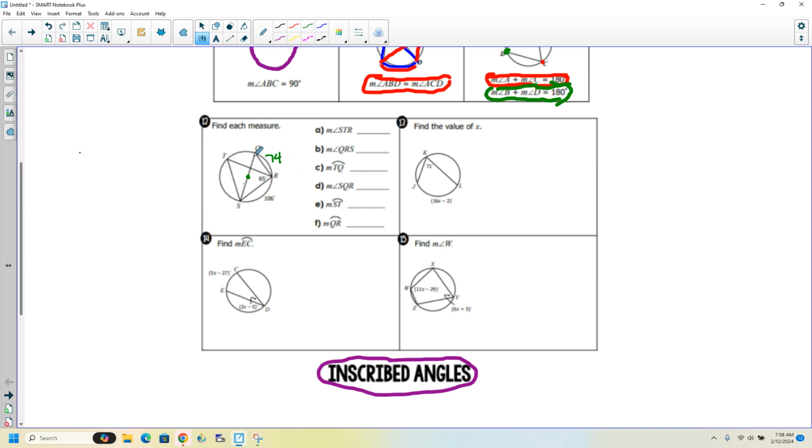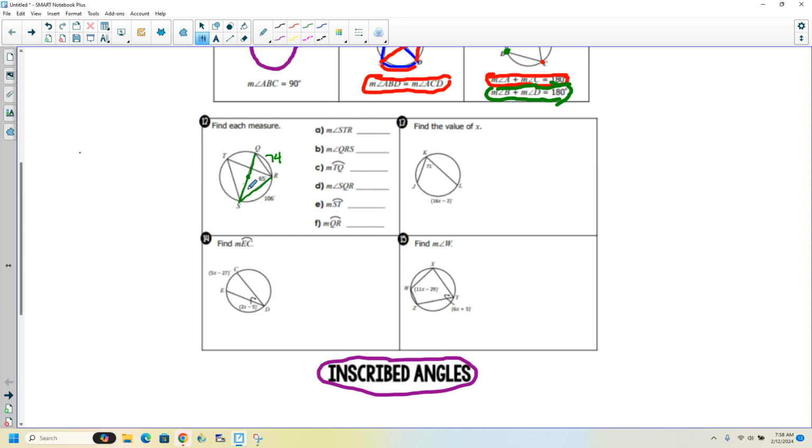And then if I trace that one back, I find an angle here that intercepts this 74 degree arc. That doesn't make this angle 74. This is an inscribed angle.